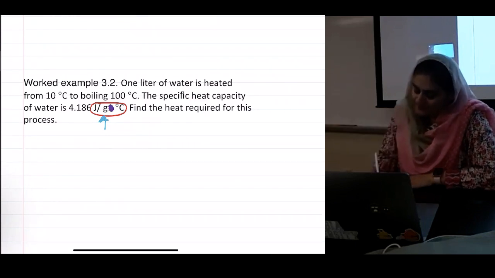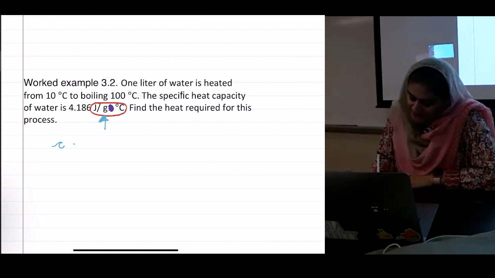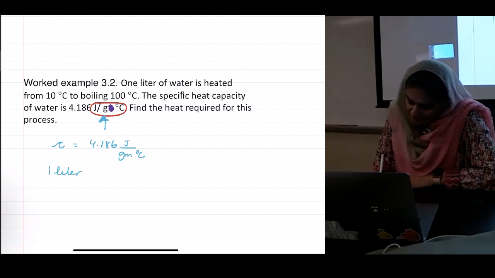Okay. So what are we given? We have a C that's 4.186 joules per gram degrees. 1 liter of water is equal to 1 kilogram, or 1,000 grams.